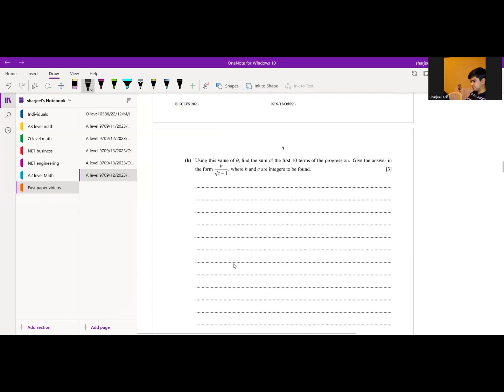Now for part B, using the value of theta, find the sum of the first 10 terms of the progression. So now we have a geometric sequence: sine theta, cos theta, 2 minus sine theta, and the number of terms is 10. We have found the value of the first term, that would be sine pi by 6, which is 1 by 2.